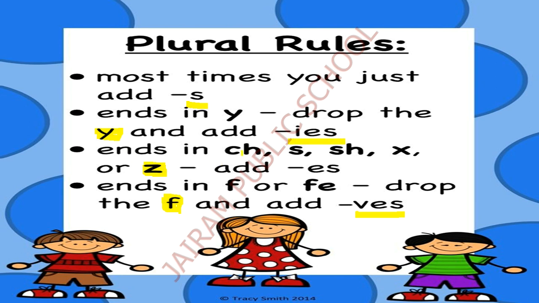If the word ends with ch, sh, s or x, we add es. If it ends with z, we add one more z and add es. The fourth rule is, if the naming word ends with f or fe, we remove f and add ves. These are the four rules we saw yesterday.